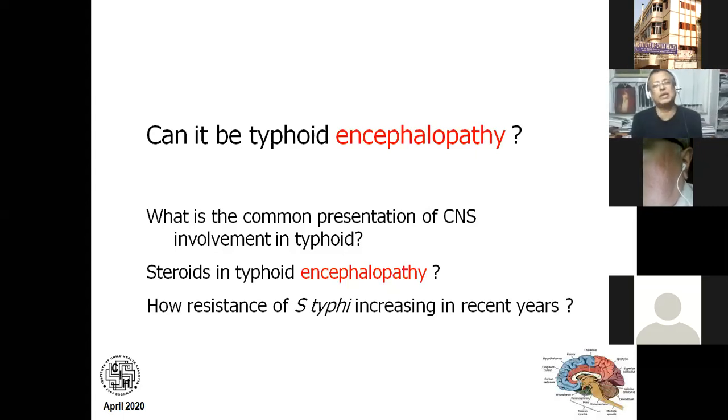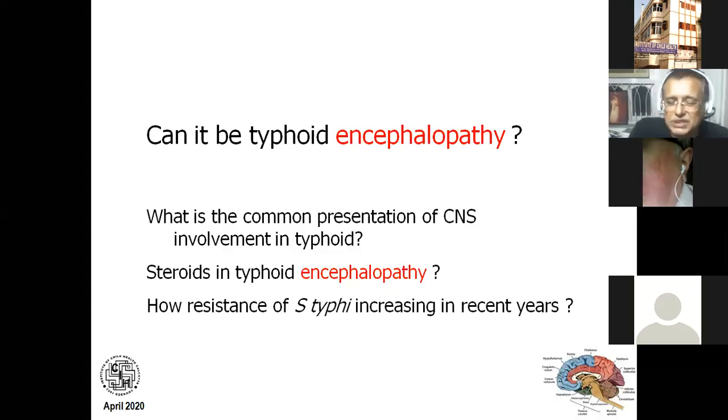But fortunately, nowadays, we don't see those cases. Most cases of typhoid encephalopathy which we come across are usually seen between 5 to 7 days. They usually present with confusion, delirium, slight degree of psychosis, raised intracranial tension.